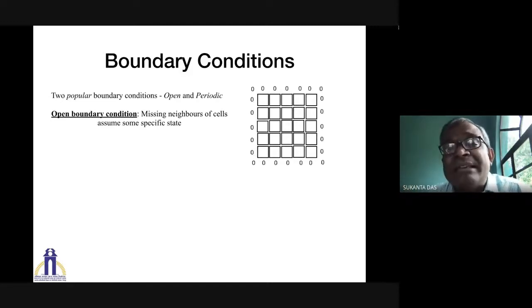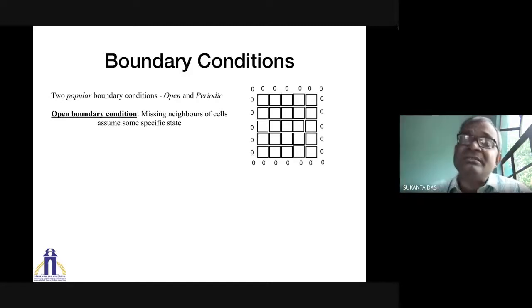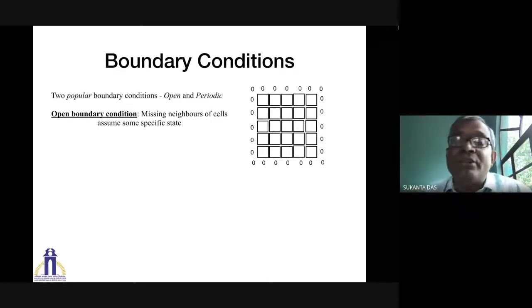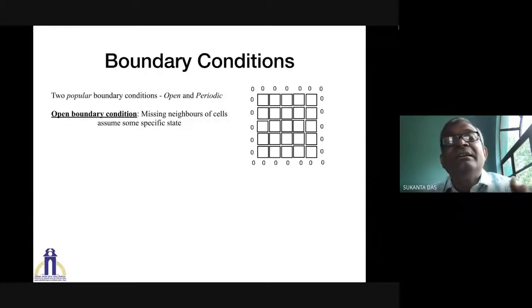And suppose I am assigning this one 0. What does 0 indicate here? That in the boundary cells, the left side of the leftmost cell. So consider the first cell in the figure, right? The first cell in the figure doesn't have a left neighbor, right?